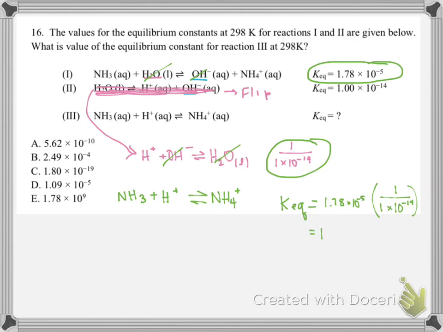And the value for that is 1.78 times 10 to the 9th. It corresponds to answer choice E.